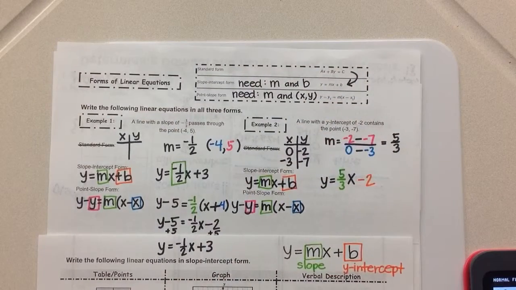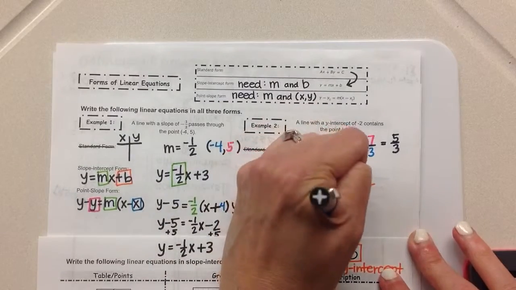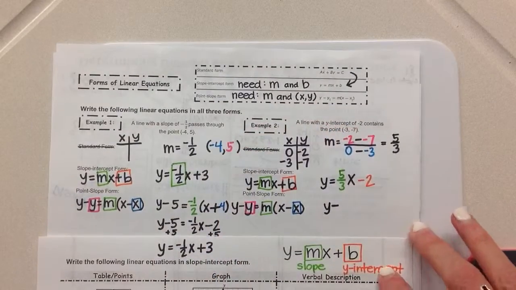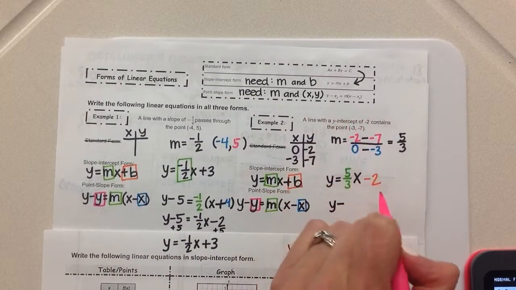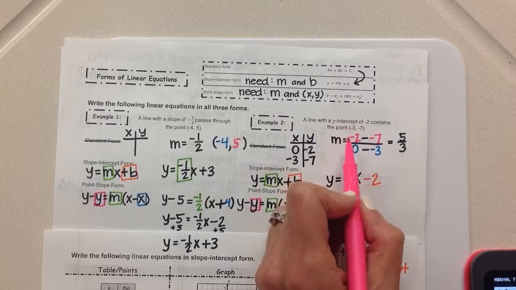So there's my equation. Now if I want to use point-slope form, I'm going to say y minus, and now I need a y value. I don't want to use the y-intercept point; I want to pick another value besides that.